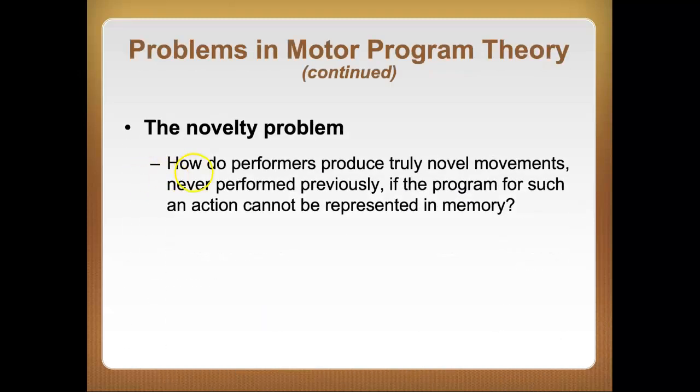So the novelty problem: how do performers produce a novel movement that they've never performed previously? I've seen people shoot a 3-point shot near the end of a game as they're falling out of bounds, and they don't practice off of 1 foot. We call it the Rex Chapman shot. He was a guy for the Phoenix Suns, and he's actually a pretty big social media guy now.